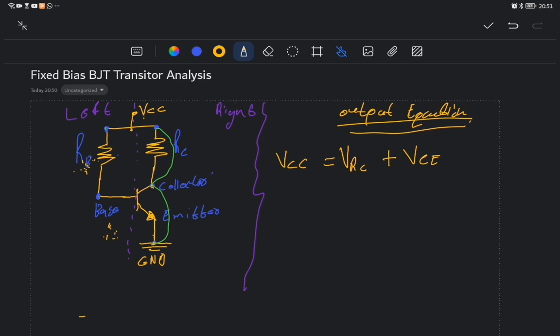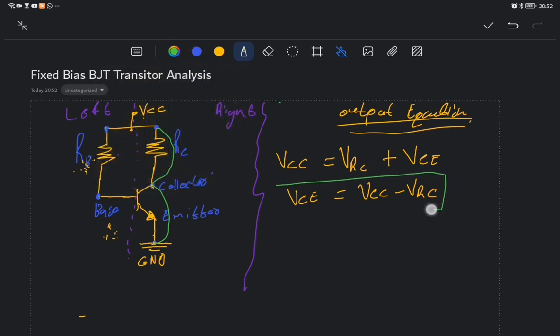But you must always know that for the output equation, the subject of the formula must be VCE. Therefore I can make VCE the subject of the formula. VCE is equal to VCC minus VRC. That's the output equation which you must be able to deduce.